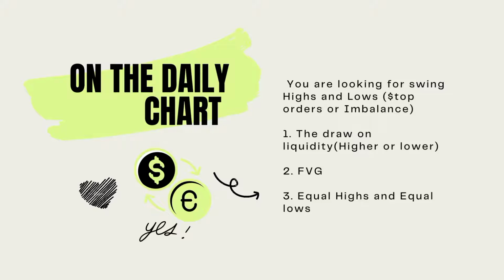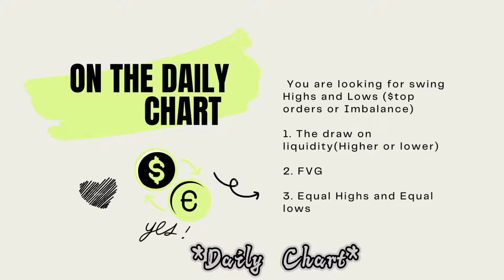Above swing highs, there are buy stops, and below swing lows, there are sell stops. Sell stops can be limit orders, can be stop losses. These are liquidity. So the algorithm is trying to engineer liquidity, and you are just trying to anticipate the move of the algorithm. So equal highs and equal lows are things we need to look out for on the hourly chart.